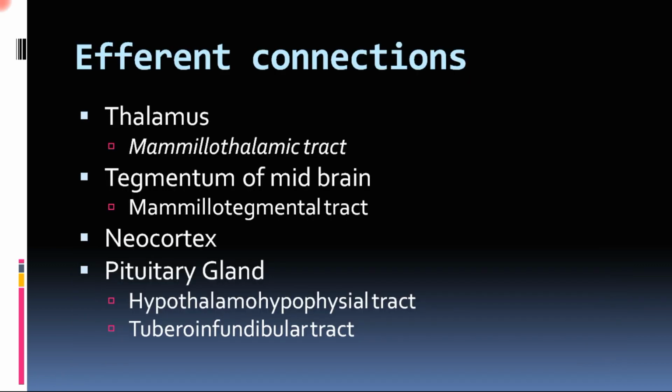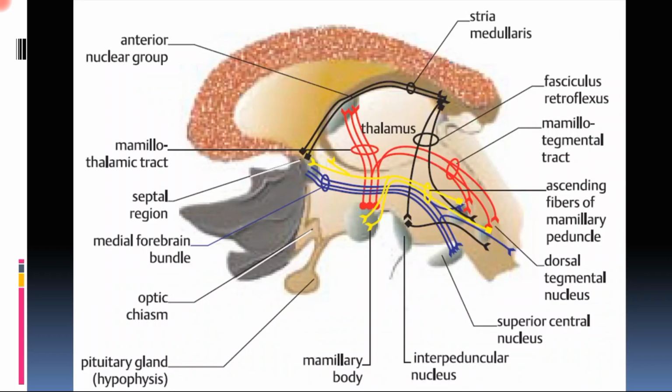Then the mammillotegmental tract, which can also be seen in the same diagram. The tegmentum of the midbrain is also supplied by the hypothalamus to perform its various functions with the help of the mammillotegmental tract.